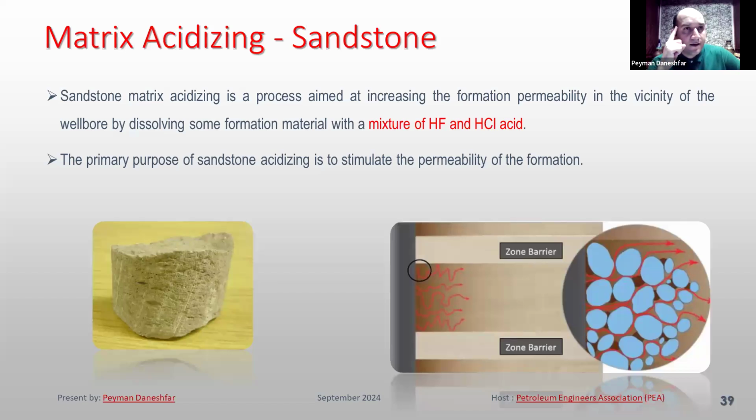So in a sandstone formation, we just want to remove some plugging silt corresponding to the sand. We want to eliminate this plug and bring the well back to its production at first time in a better condition.